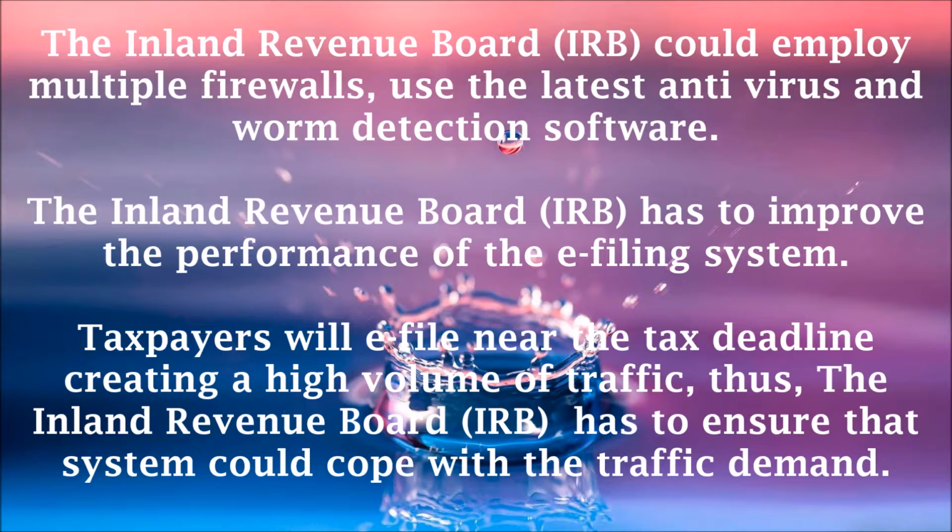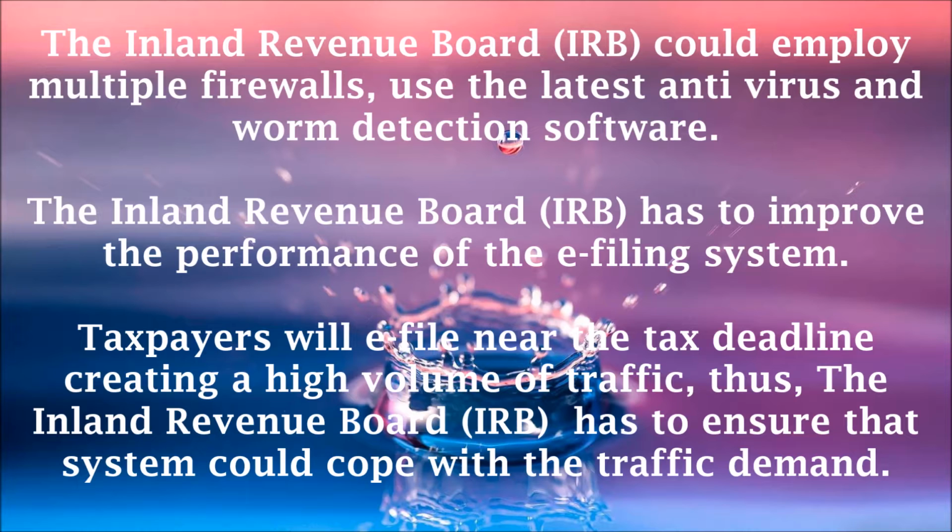The last one is taxpayers will e-file near the tax deadline, creating a high volume of traffic. Thus, IRB has to ensure that the system could cope with the traffic demand. To cope with the problem, Inland Revenue Board can offer rebates to the taxpayers that e-file their returns early.